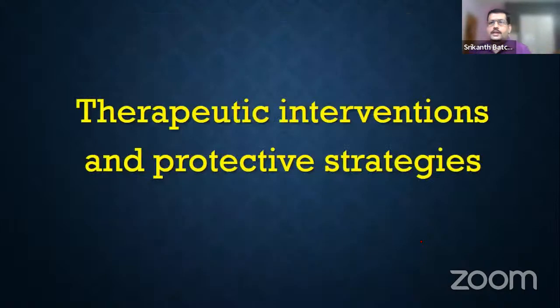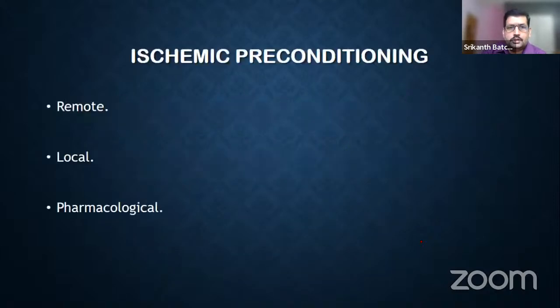We'll discuss briefly any therapeutic interventions and protective strategies we can use, and close this talk. One technique is said to help our body prepare the cells for fighting the disordered immune response.